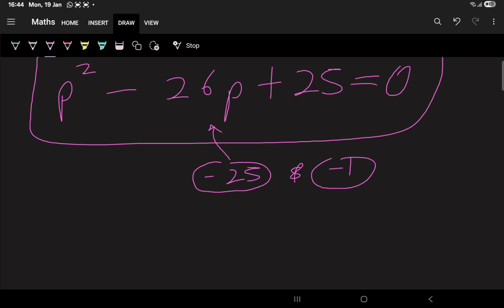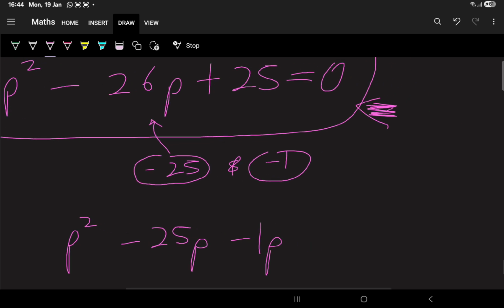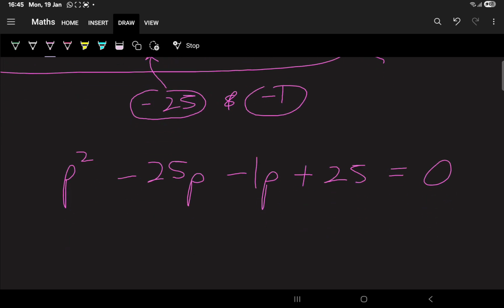This is what I'll have: p squared minus 25p minus 1p. Observe, negative 25p minus 1p is still negative 26. So we're just transforming this equation here, then plus 25 equals 0.